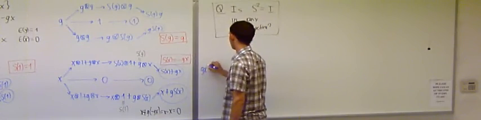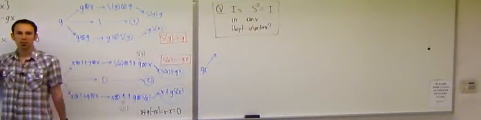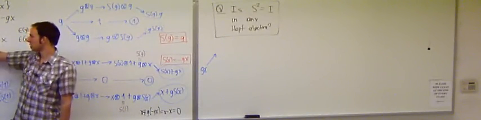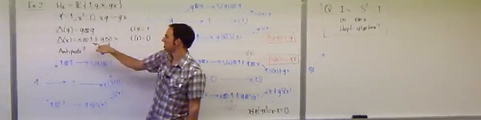Let's do the last one. So we start with Gx, and we apply the coproduct. Now, again, even though I didn't write delta of Gx for you here, because delta is supposed to be an algebra map, you know that delta of Gx has to be this times this. So let me multiply those things.